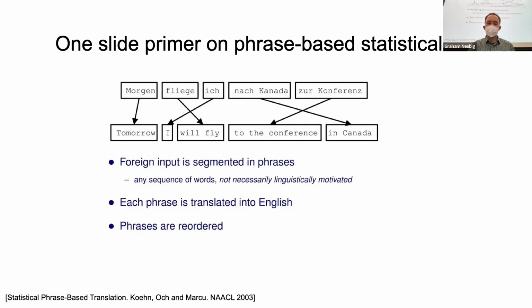These phrases can be any sequence of words, not necessarily linguistically motivated, so they don't need to be a noun phrase or a verb phrase or anything like this. Then you take out a dictionary, which has translations of the phrases into the target language, maybe 10 or so candidates for each phrase. And then the phrases are reordered to get into the correct order.